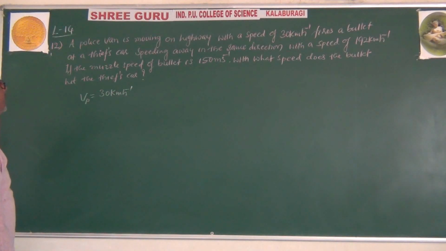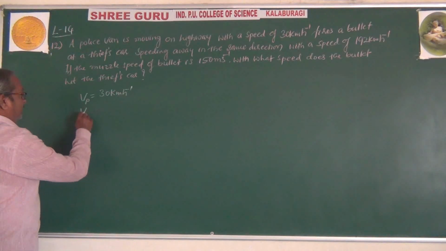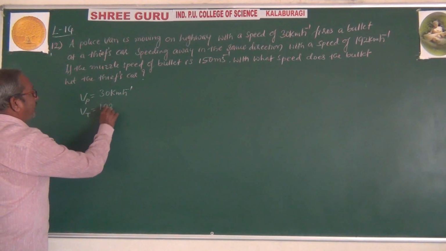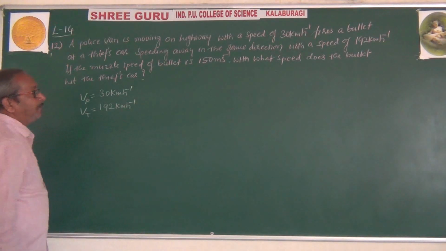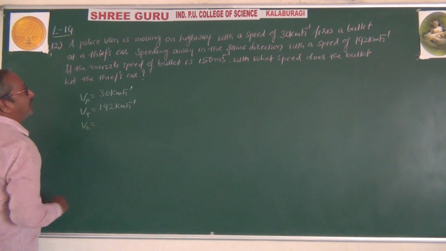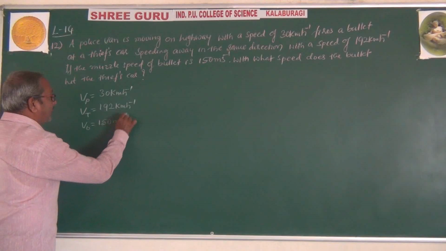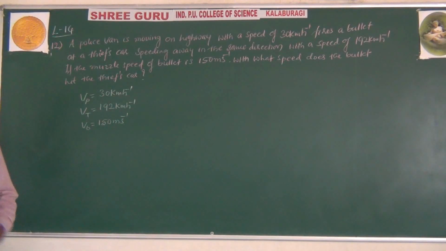It fires a bullet at a thief's car. The thief's car is speeding with some velocity. This is the thief's car speed. How much is that? 192 kilometers per hour. Whereas the velocity of the bullet is 150 meters per second.